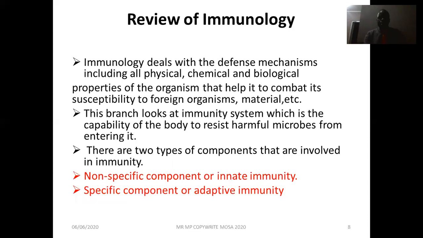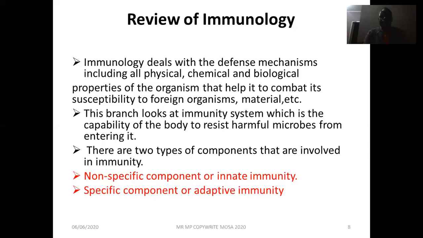So now let us look at the first component of the expanded program in immunization, which is immunology. Immunology deals with the defense mechanisms, including all physical, chemical, and biological properties of the organism that help to combat its susceptibility to foreign organisms, material, etc. This branch looks at the immune system, which is the capability of the body to resist harmful microbes from entering.